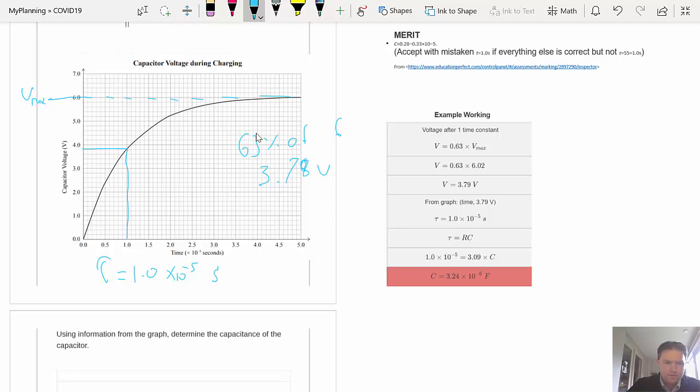A lot of you used 5 seconds as your time constant, which would be okay, because after 5 time constants it approximately reaches the maximum voltage. So if you went 5 divided by 5, you would have got the same time constant as 1. Now, once we know the time constant, we're going to use tau equals RC.